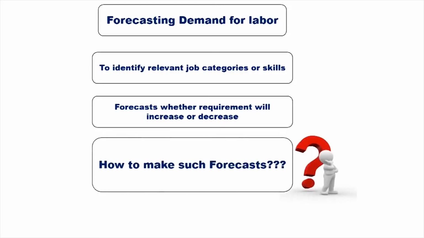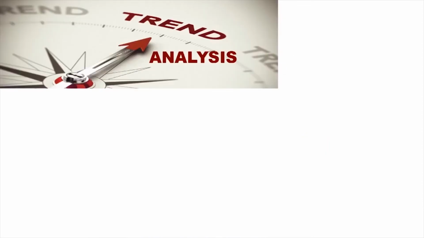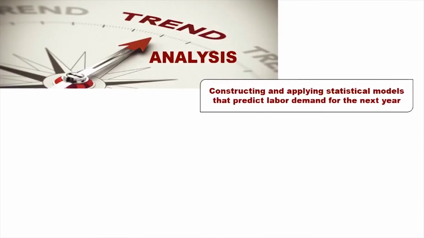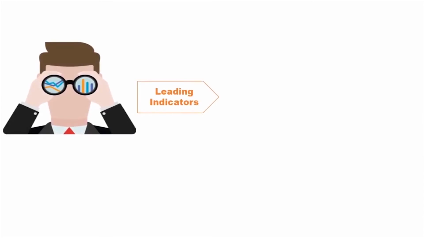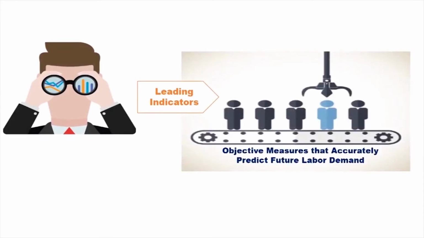An organization might use trend analysis, that is, constructing and applying statistical models that predict labor demand for the next year given relatively objective statistics from the previous year. These statistics are called leading indicators, that is, objective measures that accurately predict future labor demand.